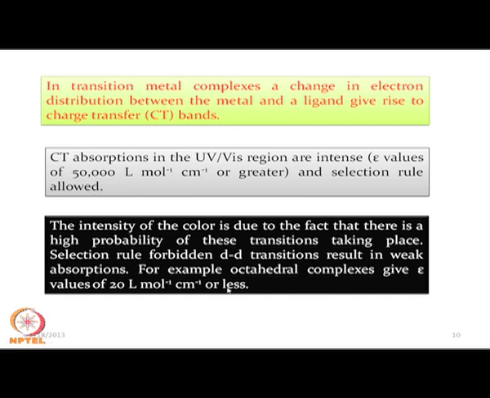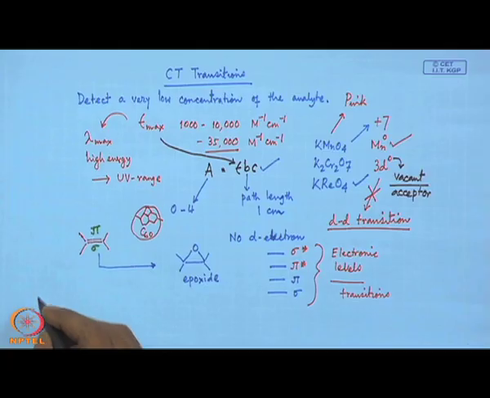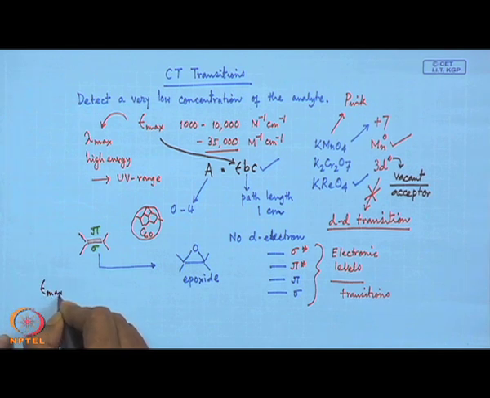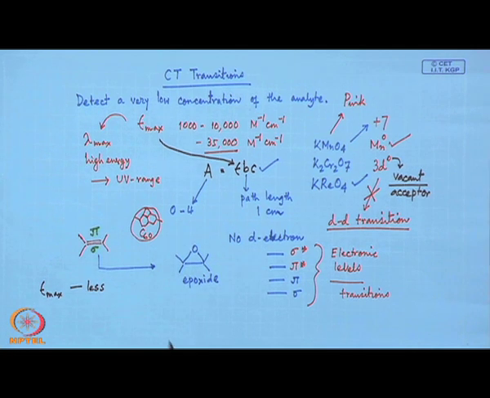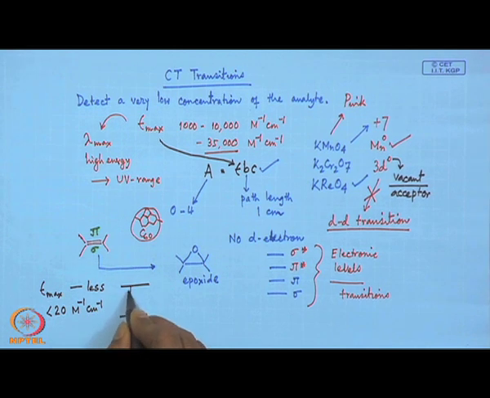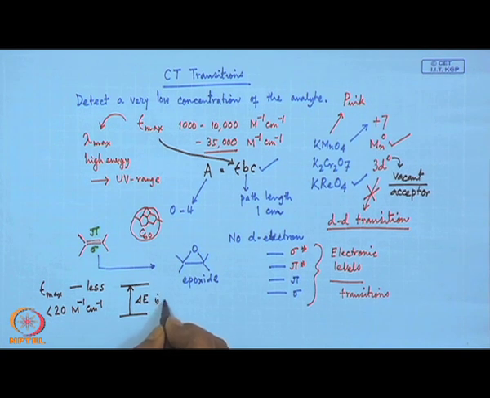That is why in the case of cobalt compounds, what we have seen is that these epsilon max values are less. It is sometimes very difficult when the epsilon value is around 20 or less mole inverse centimeter inverse, for a typical transition where delta E is very small.